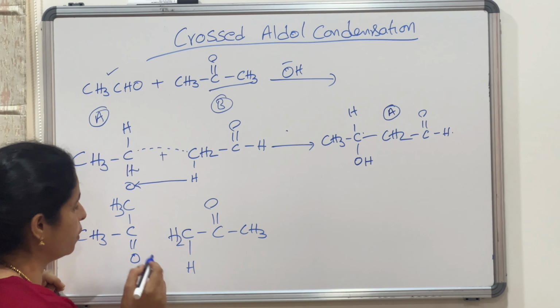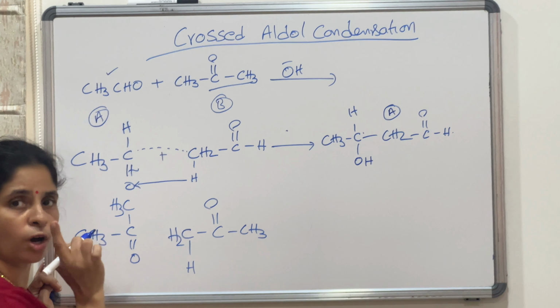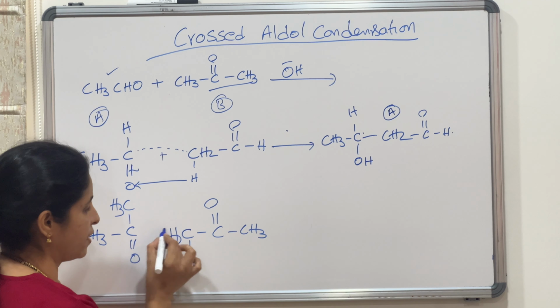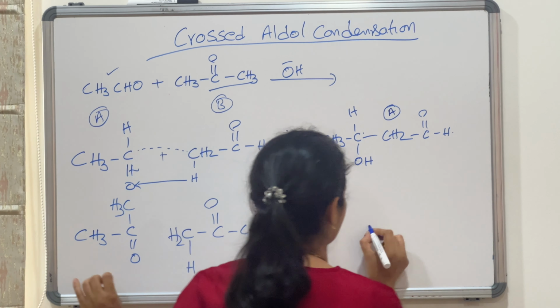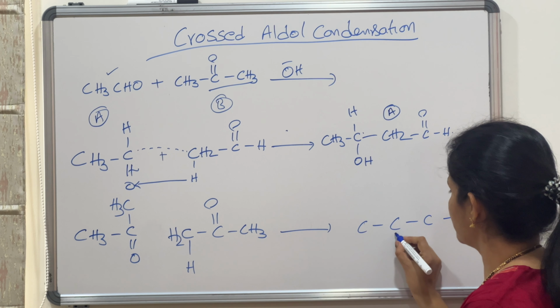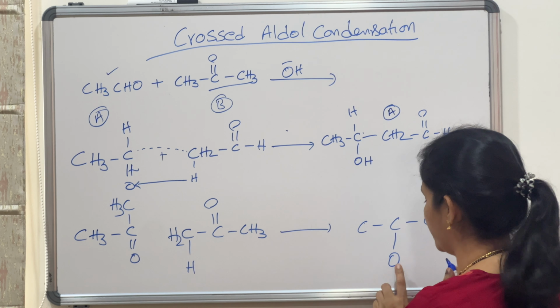What I told you: attach the carbonyl carbon of one molecule to the alpha carbon of the other molecule, first step. Here the first step is completed. Second step, break that pi bond. Done.